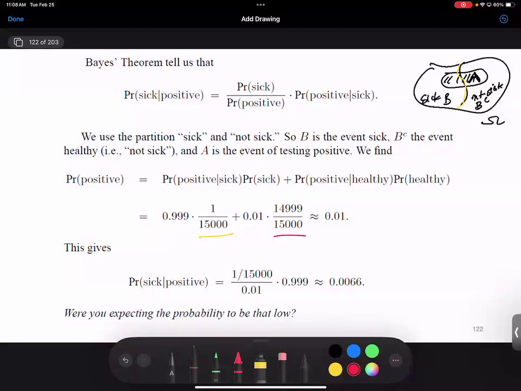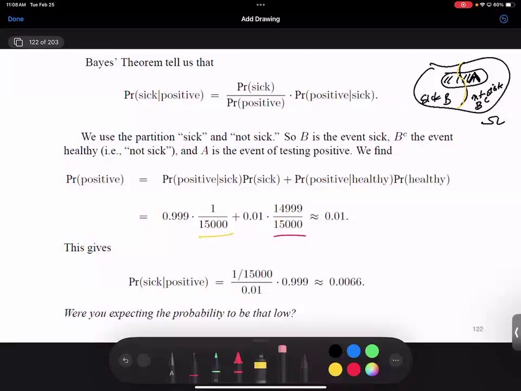And then the 0.01 times 14,999 over 15,000. 14,999 over 15,000 is approximately 1. So I could refine this a little bit, but it's approximately 0.01. So when I put this in, the probability that you're sick, given that you test positive, is only 0.0066. It's less than 1%. Should you be worried? No. And if you test positive, you'll be worried, right?